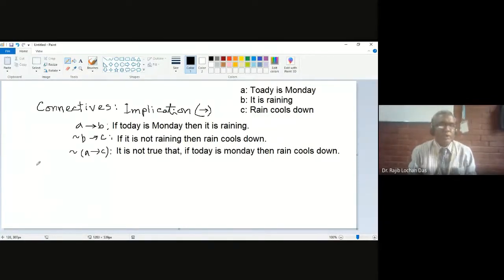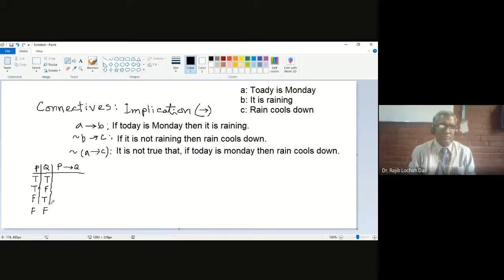Say P is one variable and Q is another variable, and we are talking about P implies Q. So it can be true and true, true and false, false and true, and false and false.